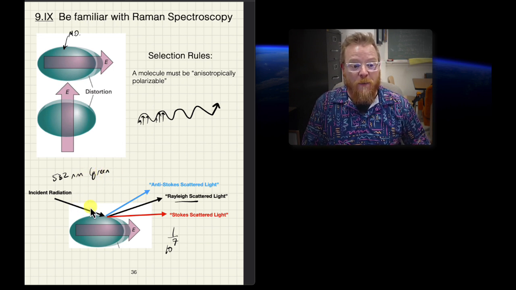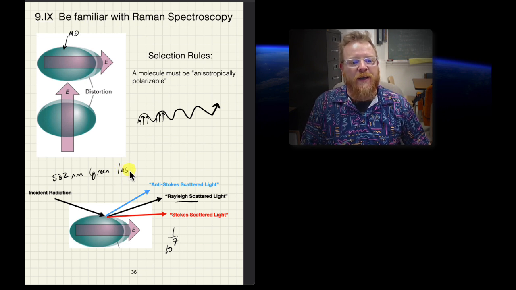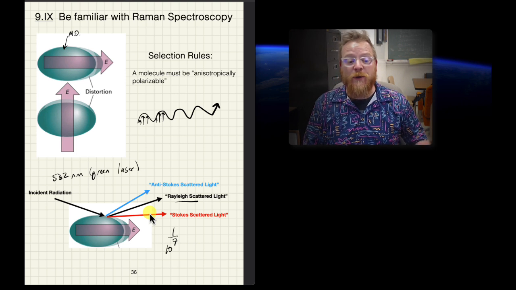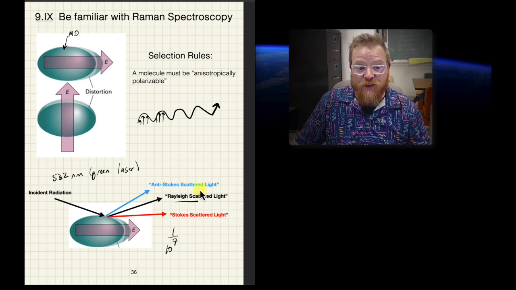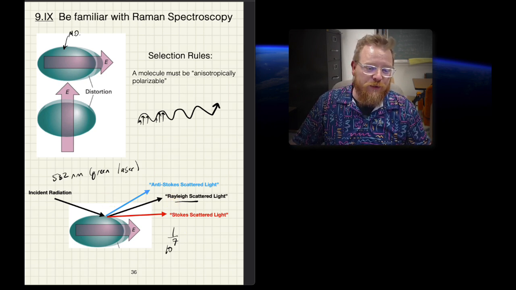It's a monochromatic source of incident radiation, but we get a wide distribution of frequencies coming off of this molecule. The way that the anti-Stokes and Stokes are scattered is based off of the vibrational levels.